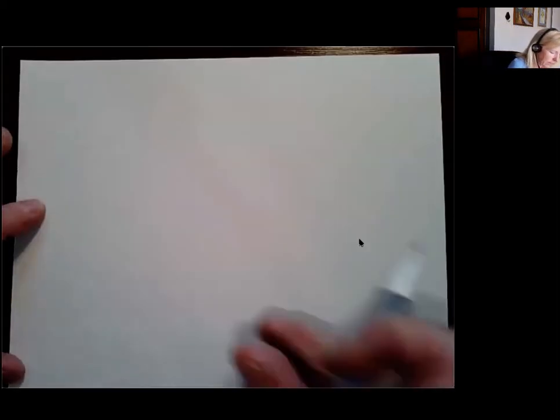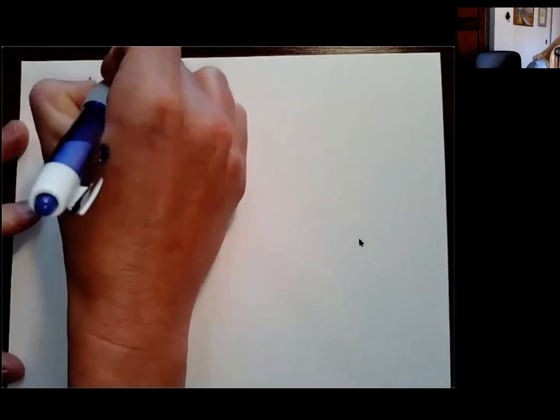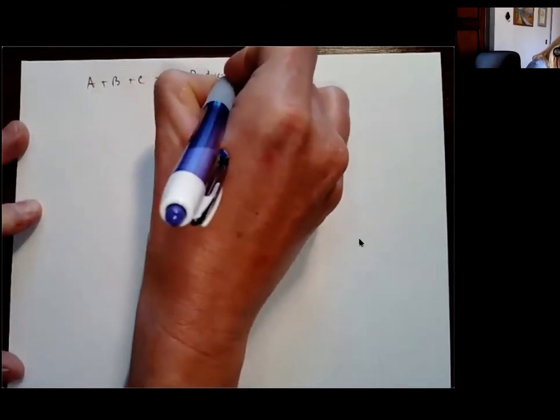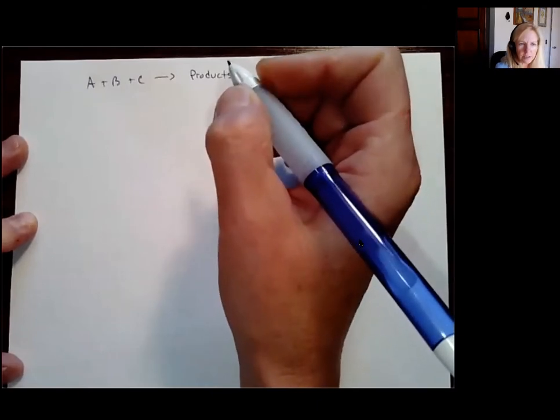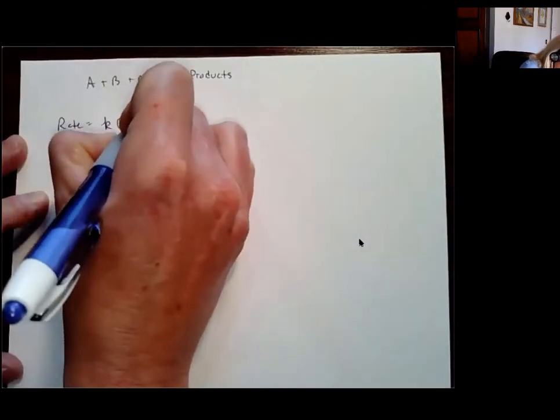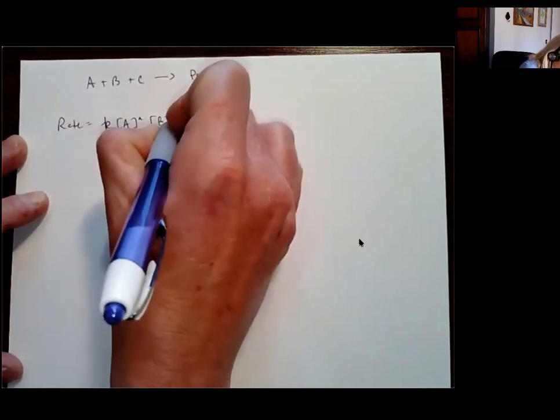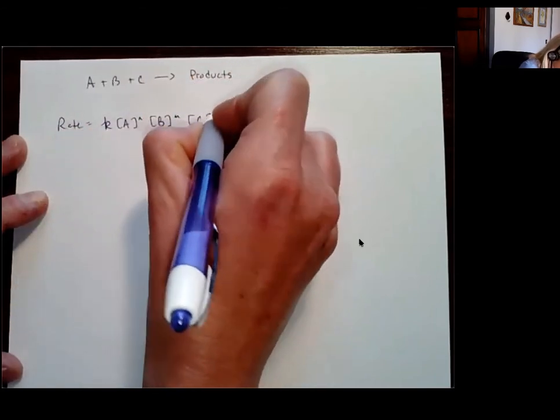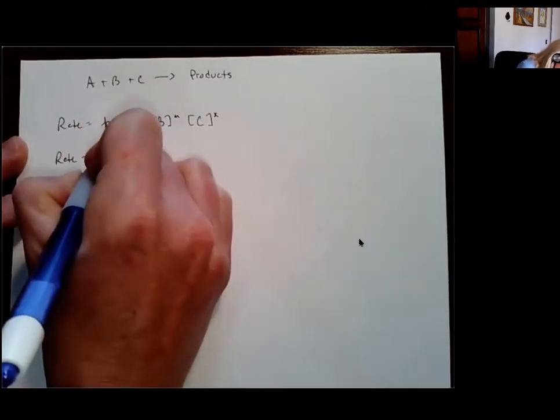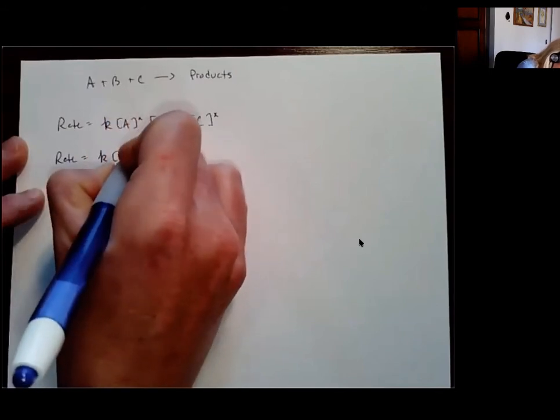A plus B plus C goes to products. Remember, we don't include products in our rate law, only our reactants. So my rate law would be A to some reaction order, B to some reaction order, and C to some reaction order. A is first order, so A is to the first power.